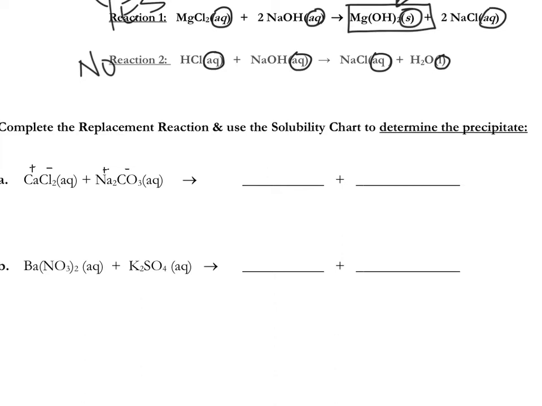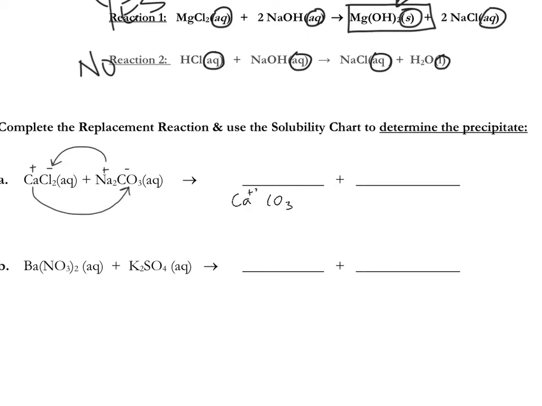So what ends up happening is that the positive calcium forms a bond with the negative carbonate, and the positive sodium forms a bond with the negative chlorine. Okay, we always list the positive ions first. So what you end up with is calcium and carbonate.